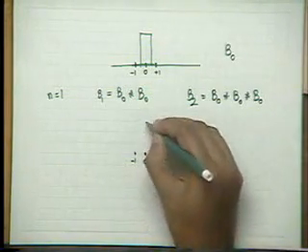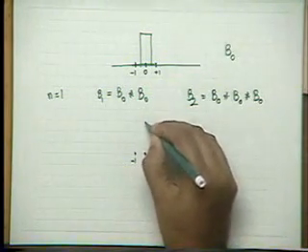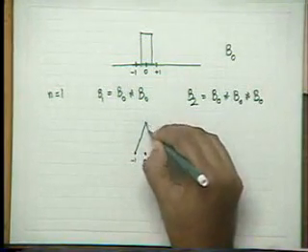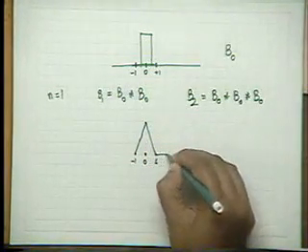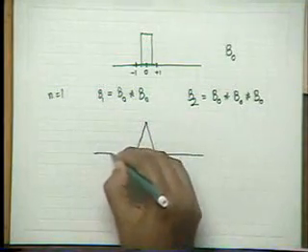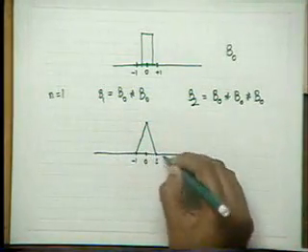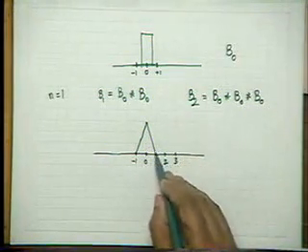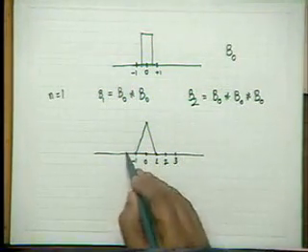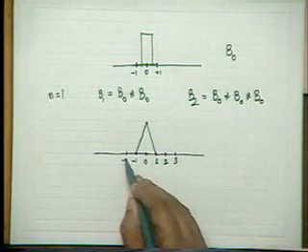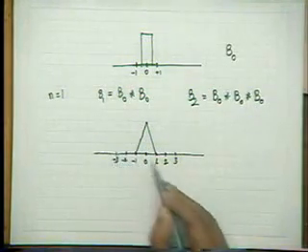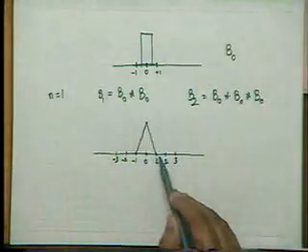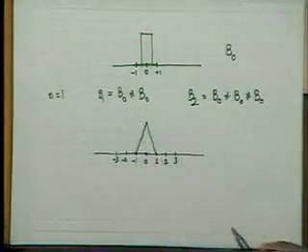So that means our function will be of this nature. If this is 2, 3, etc., beyond +1 and beyond -1 on this side, the function value is 0, but between -1 and +1 it has a function of this nature.